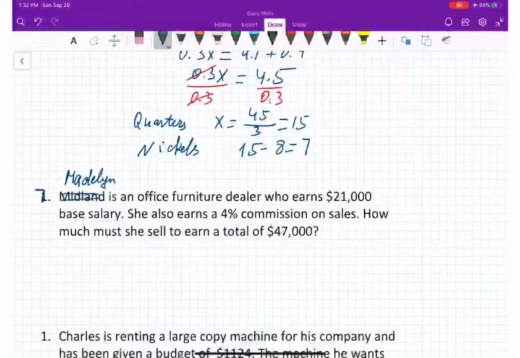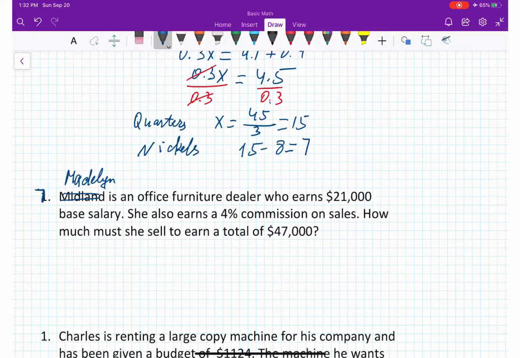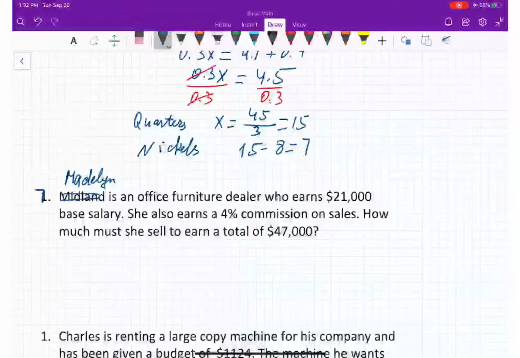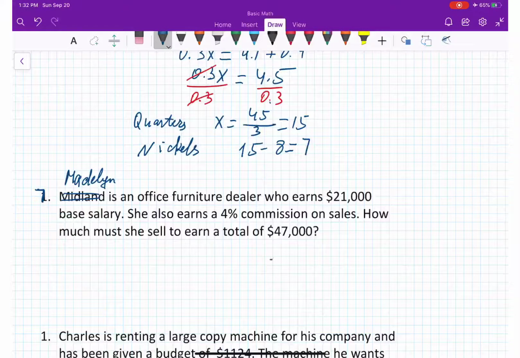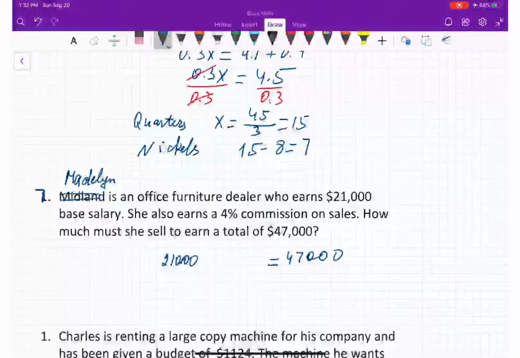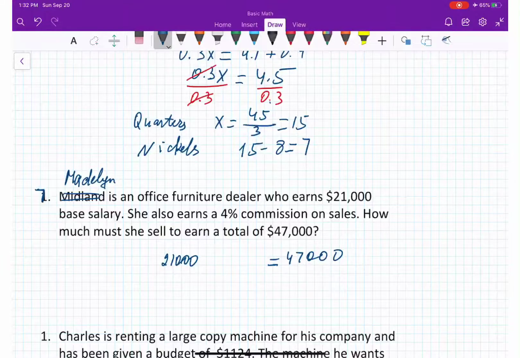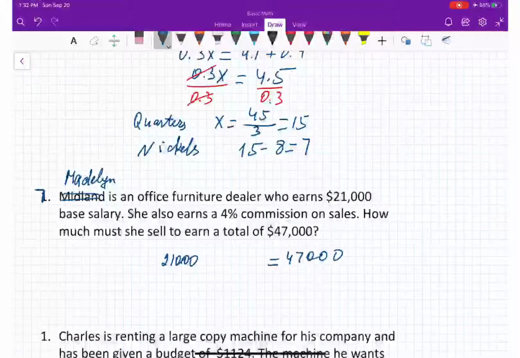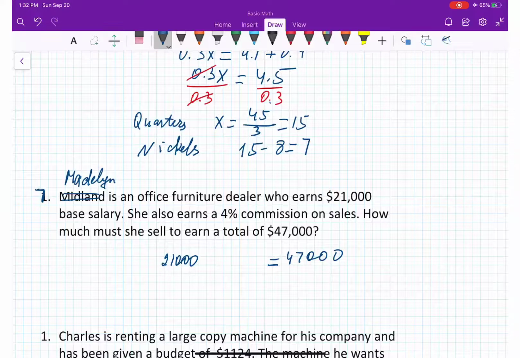How much must she sell to earn a total of $47,000? When it says total, I already see 47,000 on this side of the equation. Okay, let's see. She earns $21,000 and she earned 4% on sales. How much she got on sales, that's what we need to know, which means it's an x. And 4% is 0.04x.